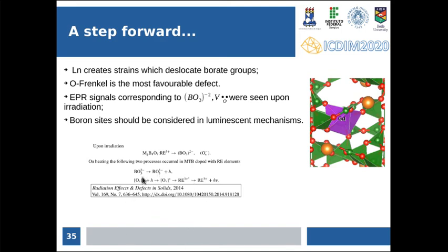We also know that oxygen vacancy is the most favorable defect in undoped material, as described in this paper, which uses EPR signals to correspond to this defect. Therefore, we think that boron sites and the oxygen vacancy, these defects, intrinsic and extrinsic, should be considered in any luminescence mechanism for magnesium tetraborate.